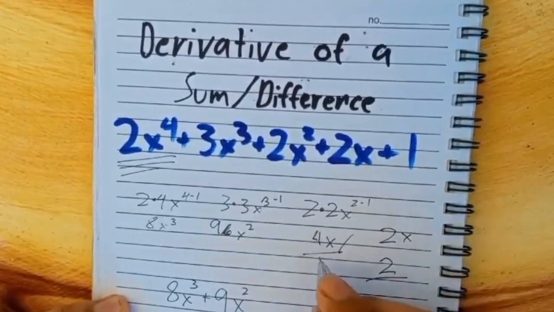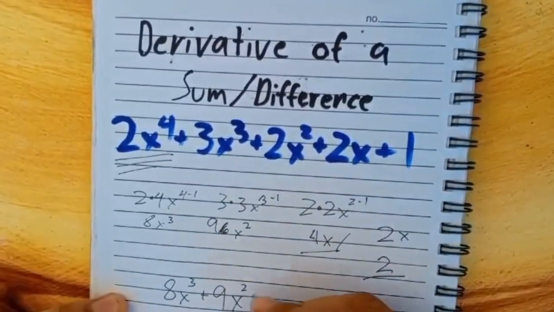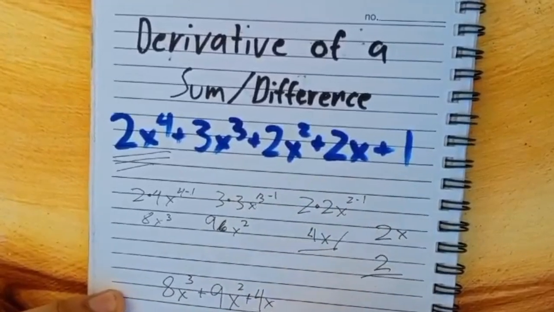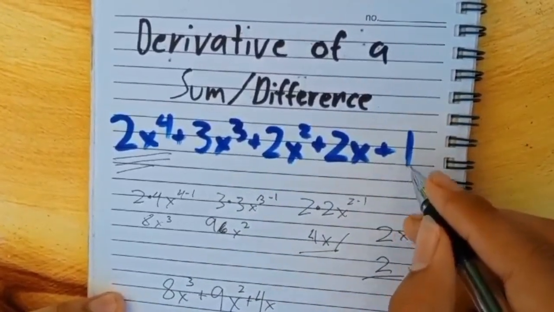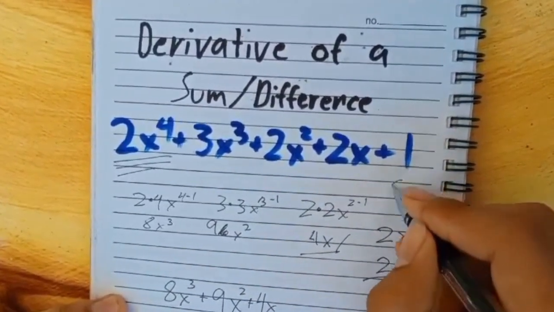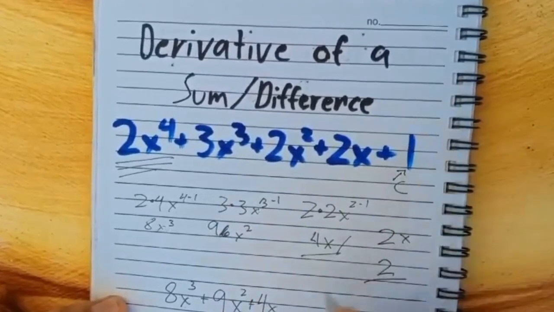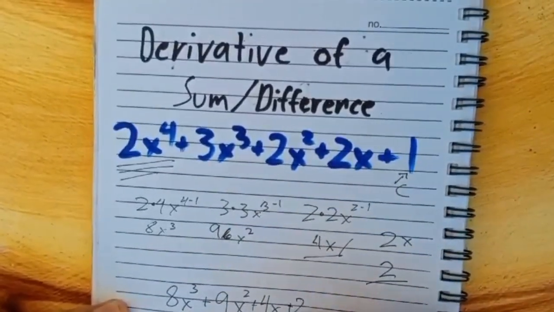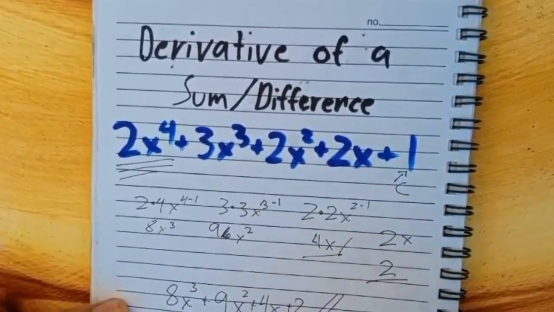Now let us write our answers here. Plus 4x, and the 1 we just remove because it is a constant. Now plus 2, and we got our final answer.